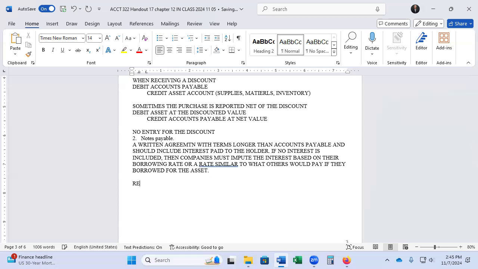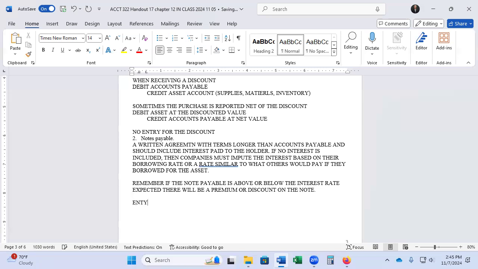And we have to remember, if the note payable is above or below the interest rate expected, it will be a premium or discount on the note.